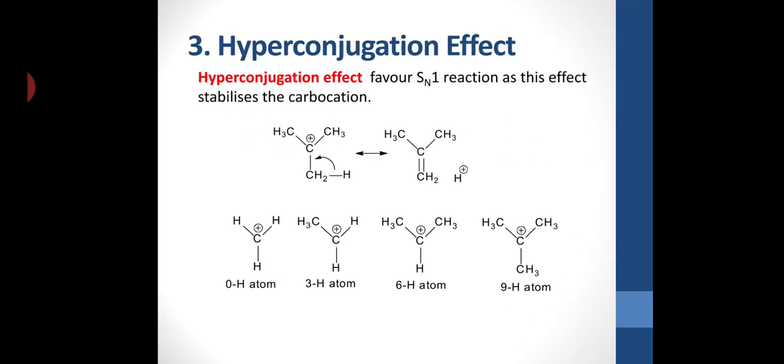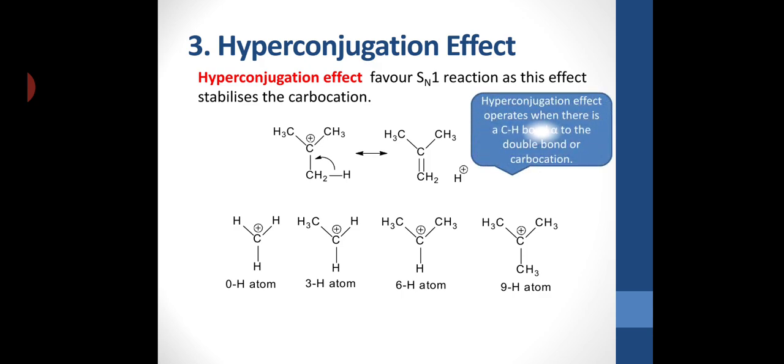Next is hyperconjugation effect. Hyperconjugation effect favors SN1 reaction as it stabilizes the carbocation. All of you, do you know what is hyperconjugation effect? Hyperconjugation effect occurs in compound having CH bond alpha to the carbocation or double bond.